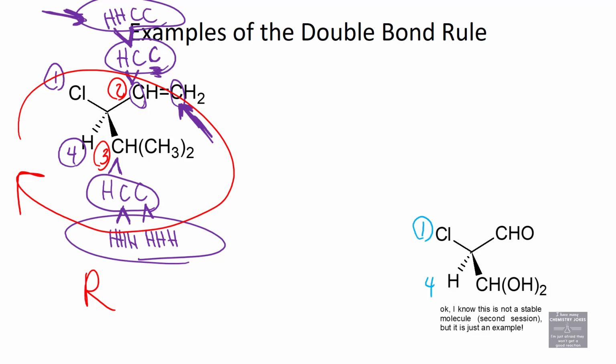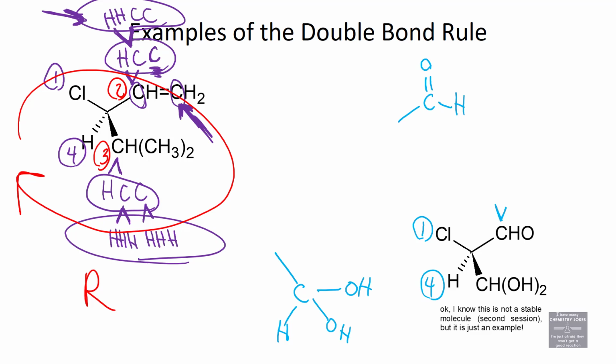This is weirding me out over here. Chlorine, hydrogen, those are easy. Then I look at my 2 carbons. This carbon. What is CHO? CHO means aldehyde. This bottom carbon is connected to a hydrogen, oxygen, oxygen, OH, OH.